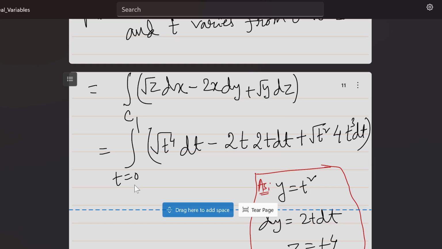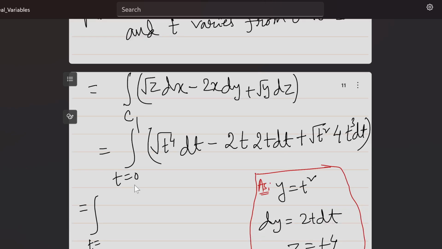So what is this integral? It is integral t equal to 0 to 1, t power 4, root is t square. So it is t square minus 4t square plus t power 4, t into 4t power 4, dt.